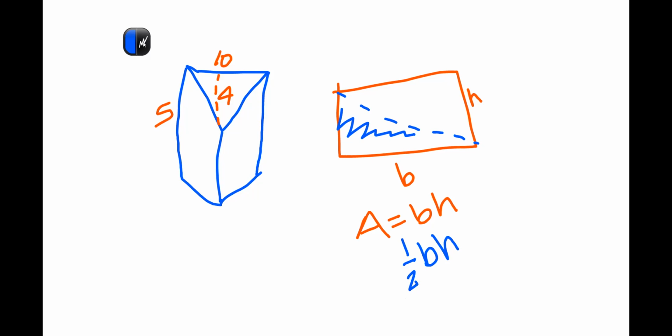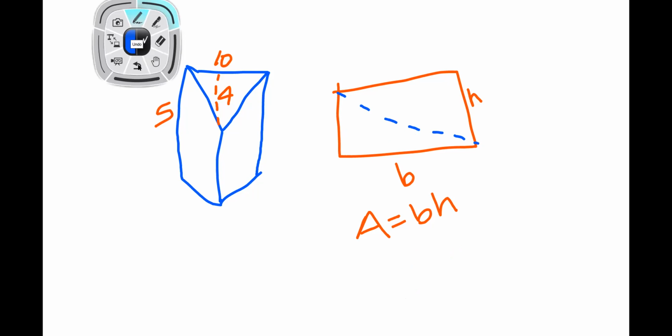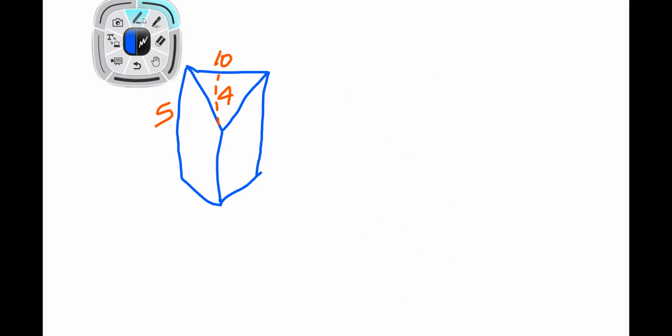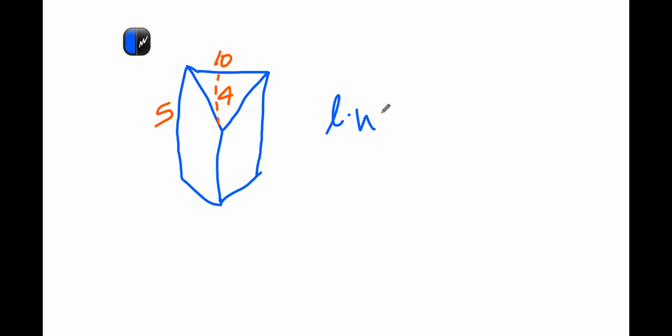This also works with the volume formula. If the volume of a rectangular prism is length times width times height, then the volume of a triangular prism is length times width times height divided by 2.